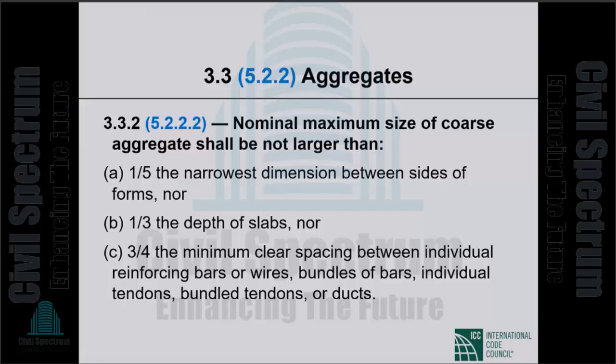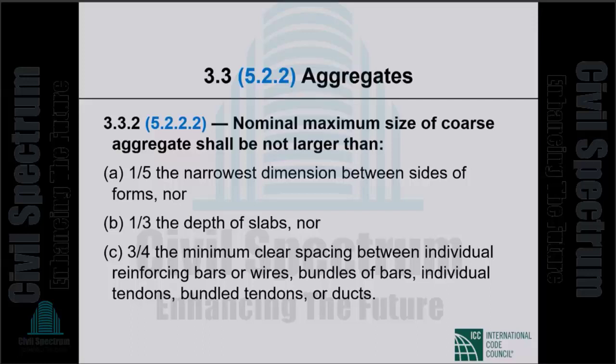A nominal maximum size of coarse aggregate shall not be larger than 1/5 the narrowest dimension between sides of forms, 1/3 the depth of slab, and 3/4 the minimum clear spacing between individual reinforcing bars or wires, bundles of bars, individual tendons, bundled tendons, or ducts. Tendon would be pre-stressing steel strand, things of that kind.